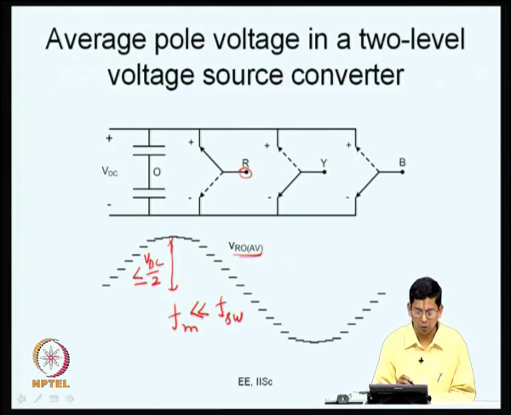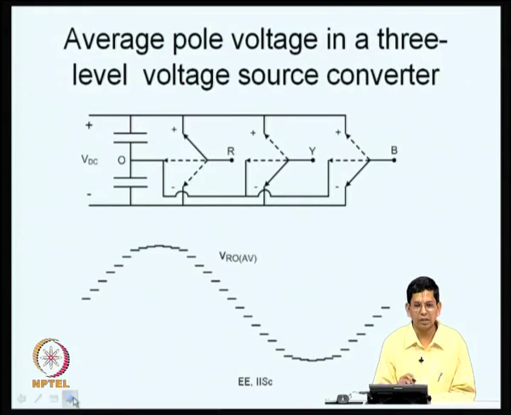Those are the conditions. Instead of a 2 level inverter, if you take a 3 level inverter, once again VRO average is typically modulated in a sinusoidal fashion. But as I mentioned, the way a particular average voltage is realized is different within a switching interval. The instantaneous error voltage is lower now, and that is what results in a better quality waveform here.